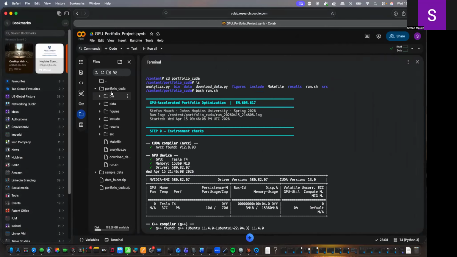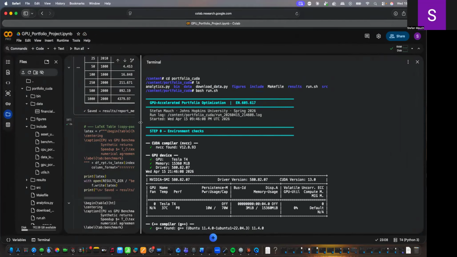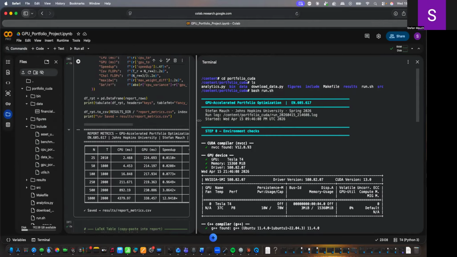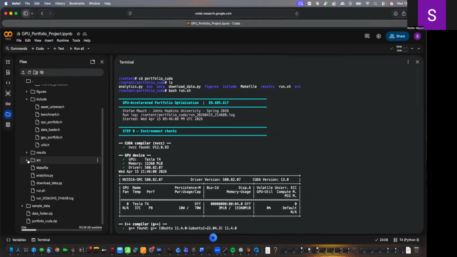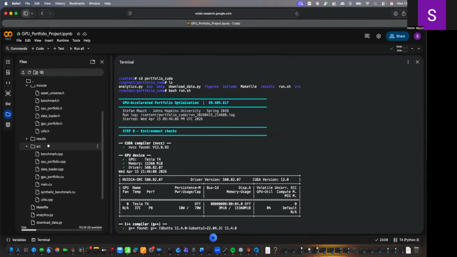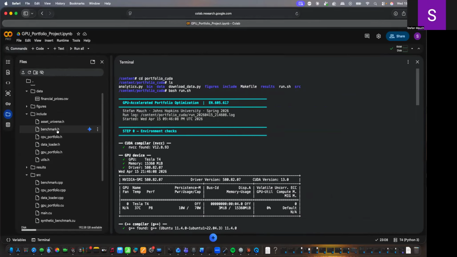Alrighty. So this is the code structure. This is the financial price data. These are the output figures. This is all the CUDA code for executing all the benchmark performances, etc. I also provide you with a Jupyter notebook, so you have the option to track everything and see the output in the notebook directly.